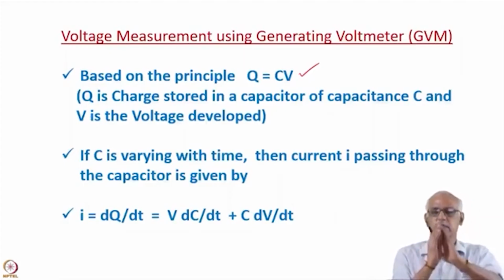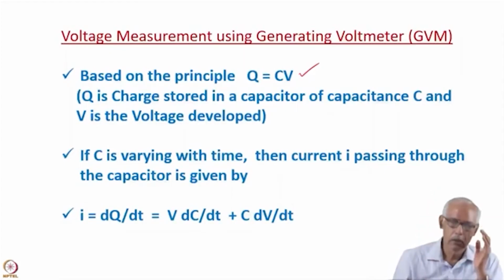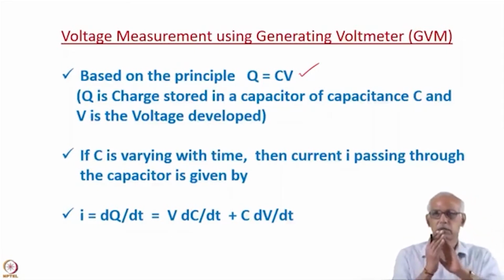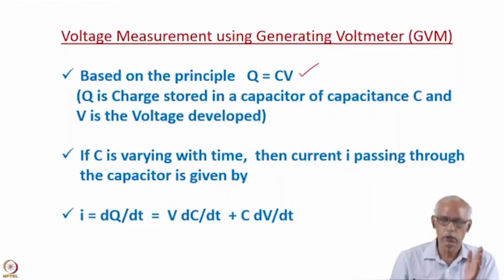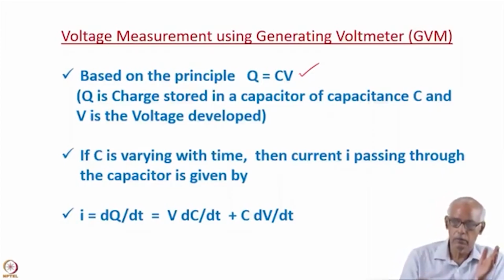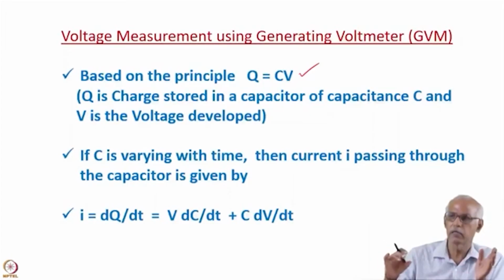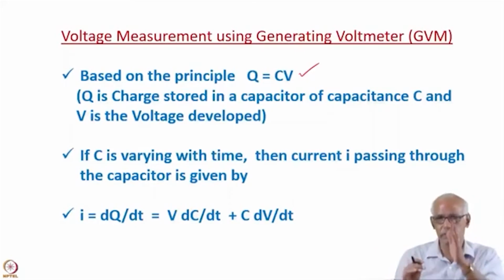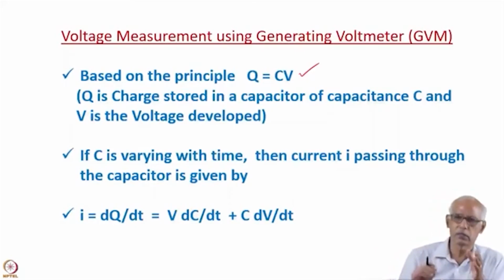Now, as I said, the rotor is rotating, so the capacitance value C will keep changing, and since it is rotated by a synchronous motor, C can be assumed to be varying in a certain manner. There will be a fixed value plus, let's say, a sinusoidal component added to this.